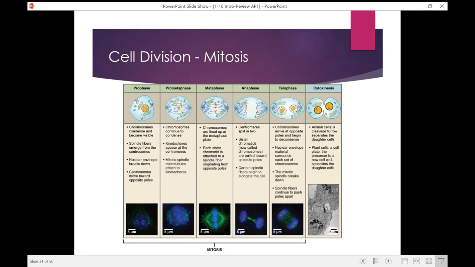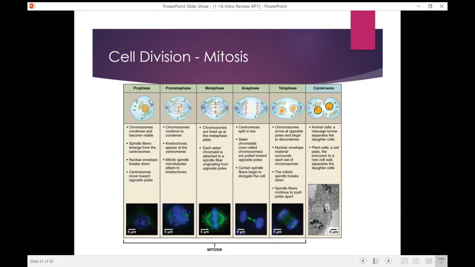The chromosomes are going to continue to condense, and we're going to start to see some kinetochores appearing at the centromere. So along the center of each of these chromosomes, or each of the little X shapes, we're going to start to see a kinetochore. The spindle fibers are going to attach to the kinetochores in the center.